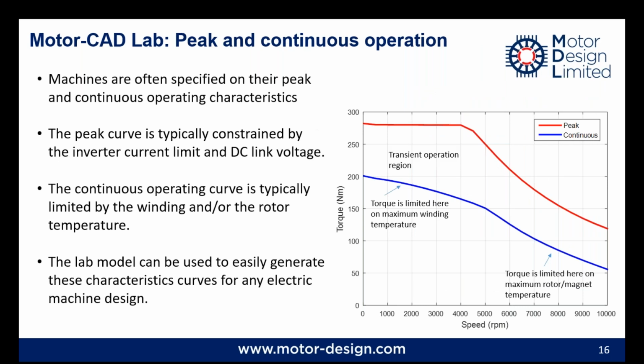One of the nice things that we can do in lab, and this brings together all the different solutions, is to output the machine performance as a peak torque speed curve and a continuous torque speed curve. So the peak torque speed curve is typically limited based on the electrical constraints, things like the DC link voltage and your maximum inverter current, whereas the continuous torque speed curve is often limited on the temperature limits, so either the winding temperature insulation limits or the rotor or the magnet temperature limits.